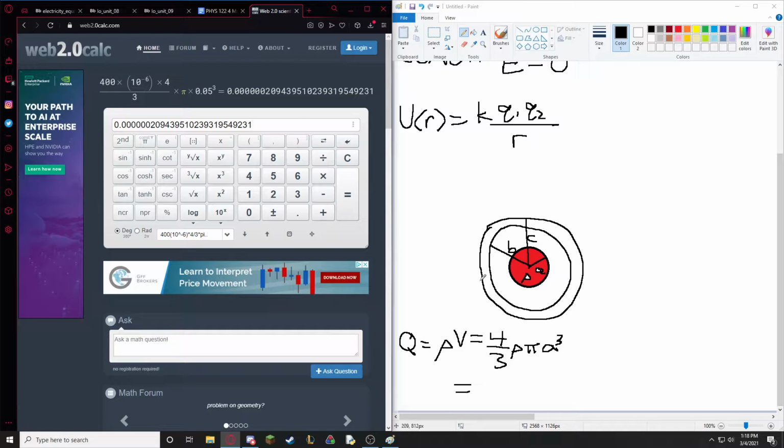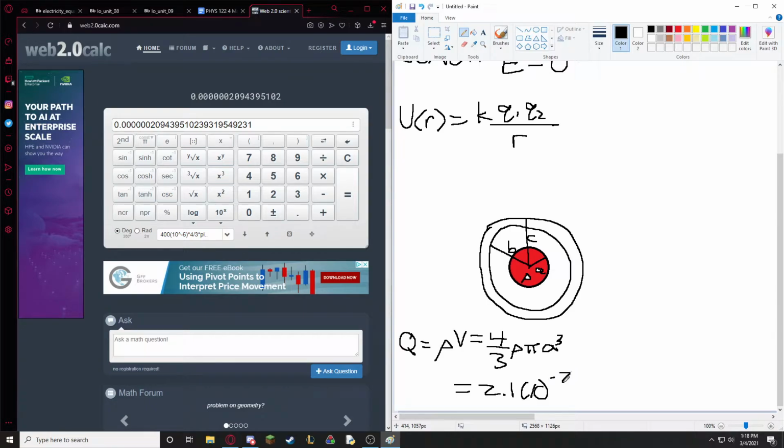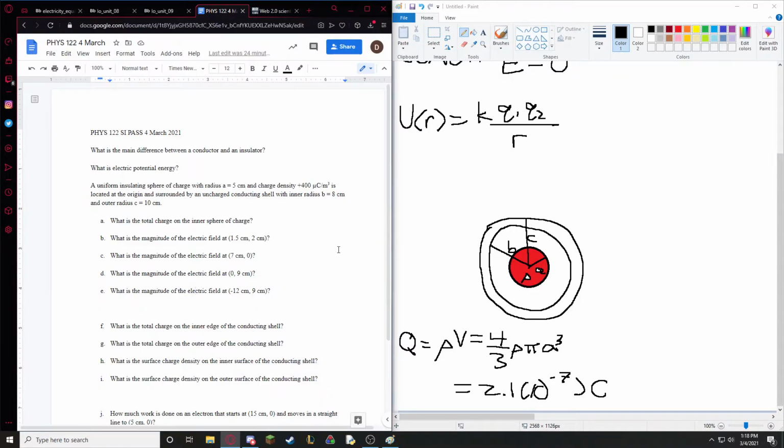You get a total charge of about 2.1 times 10 to the -7 coulombs, or about 0.2 microcoulombs. So now we have our total charge on our sphere of charge.